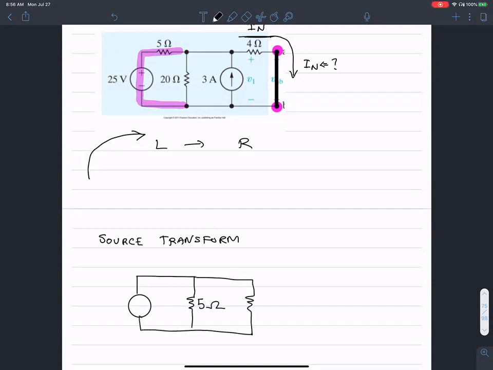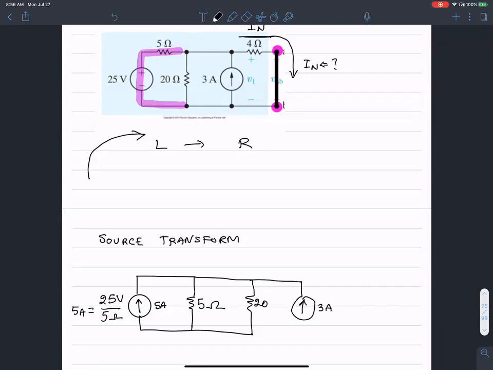The value of the current source is the voltage source, 25 volts, divided by the 5 ohms, so it's going to give you a current of 5 amperes. That is in parallel with the 20 ohm resistance. And then of course, the rest of the circuit is exactly the same.